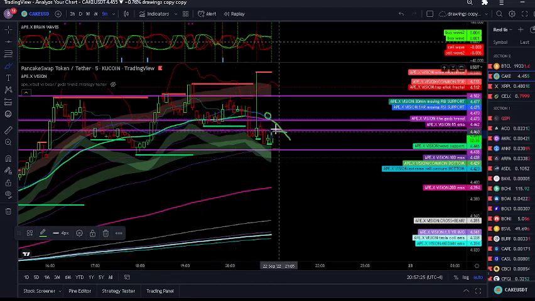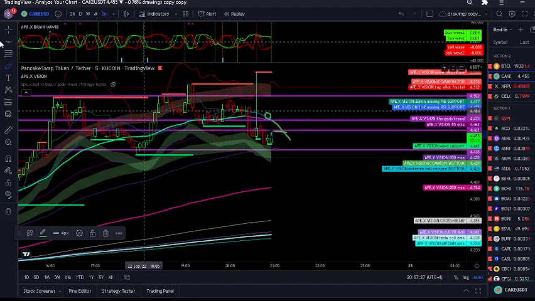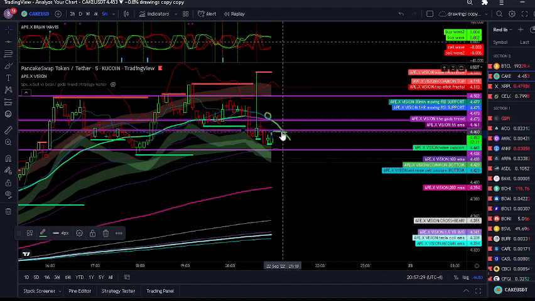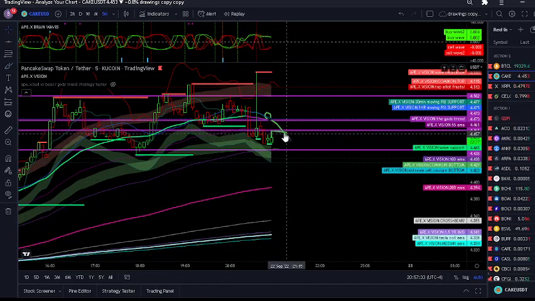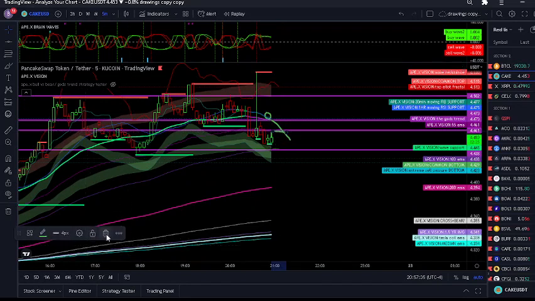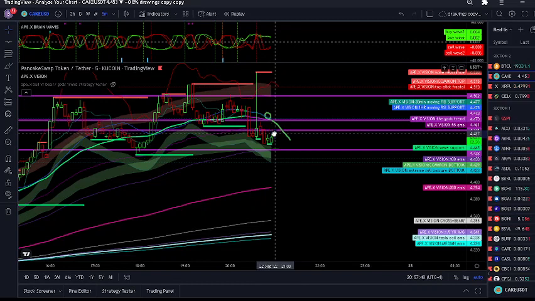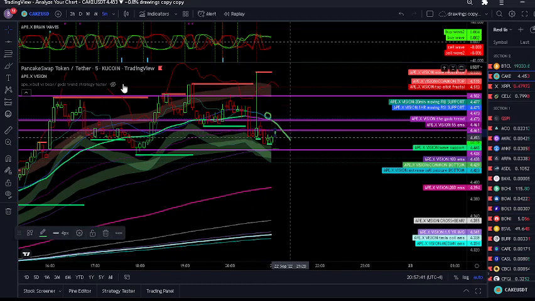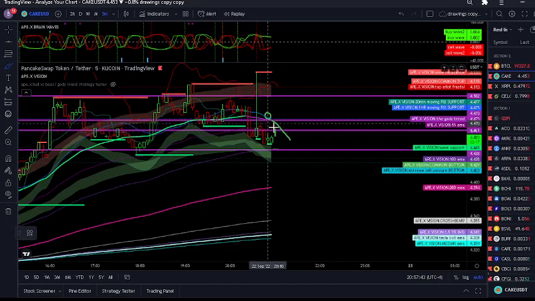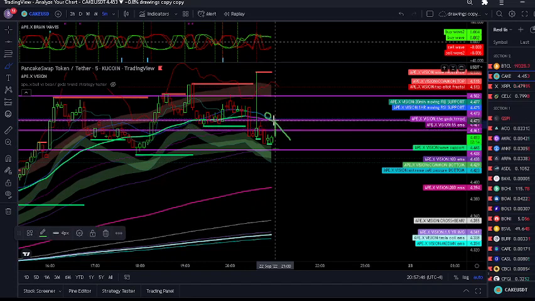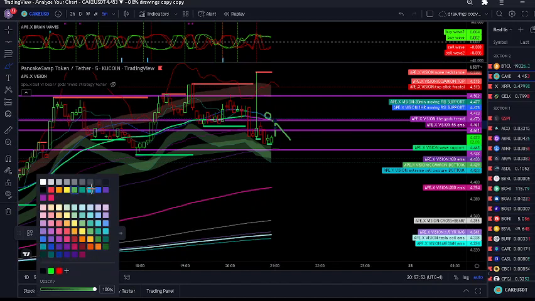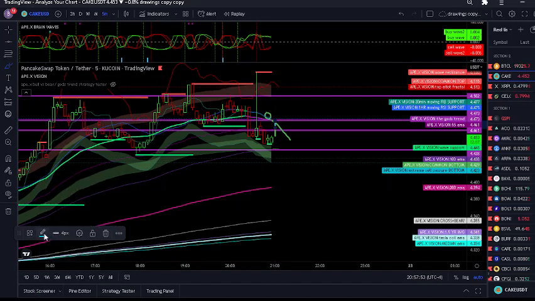Followed by, let me get rid of that green line. So my prediction would be right here, with a secondary target against the, oh, it's too close a color.